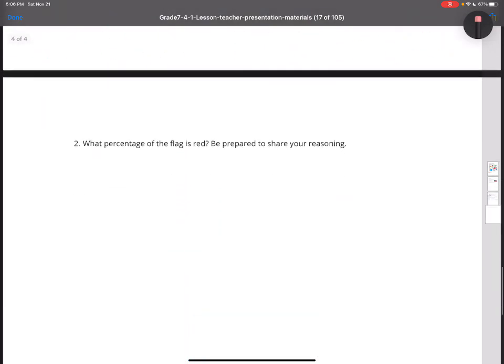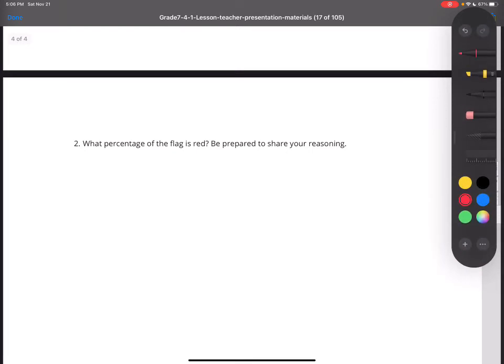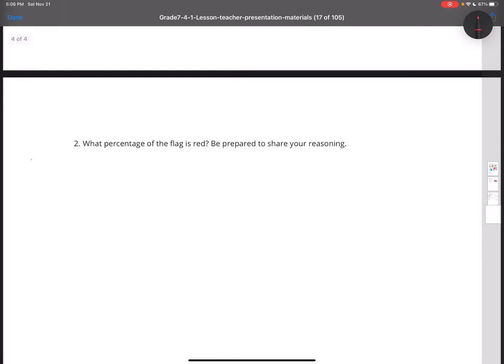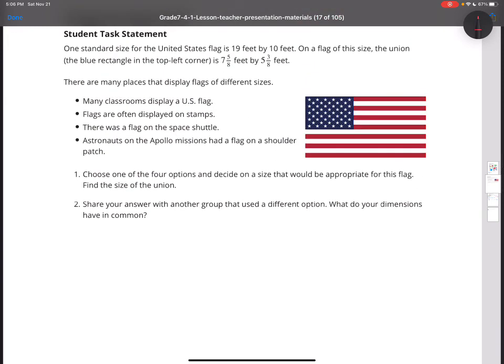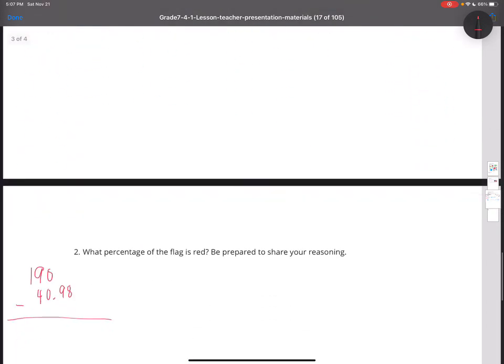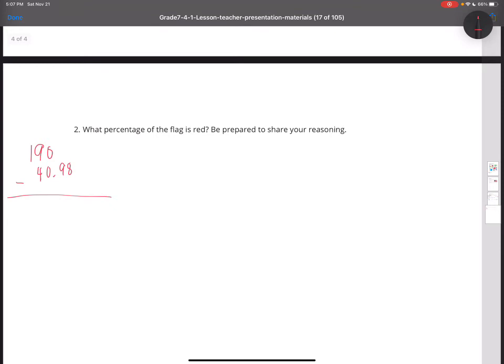So the first thing I want to do is subtract my areas, which is going to be 190 minus 40 and 98 hundredths. The reason I'm doing this is because the union is definitely not red. The union is navy blue with white stars. So I'm subtracting that.